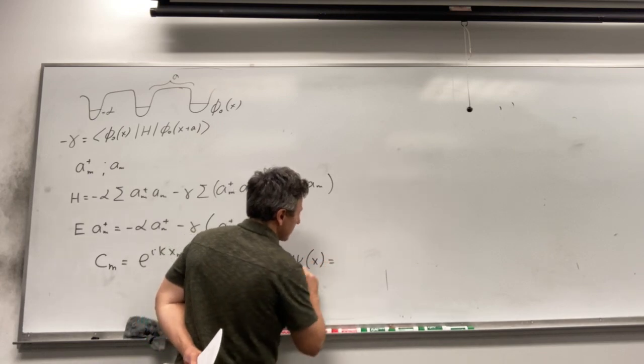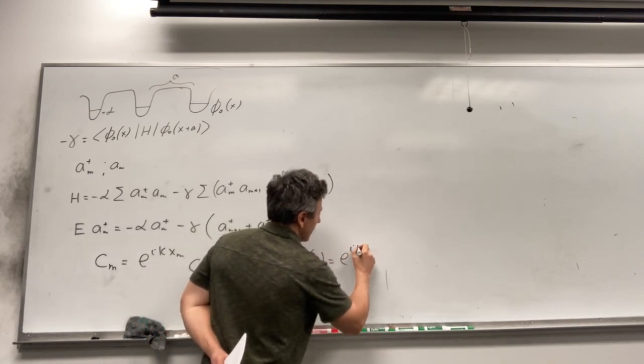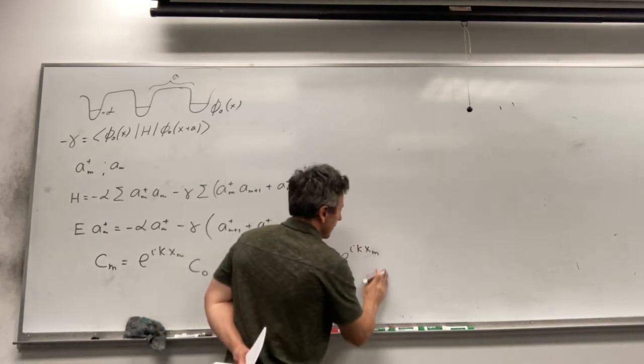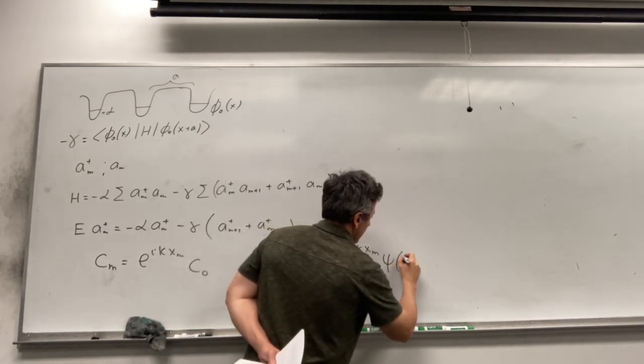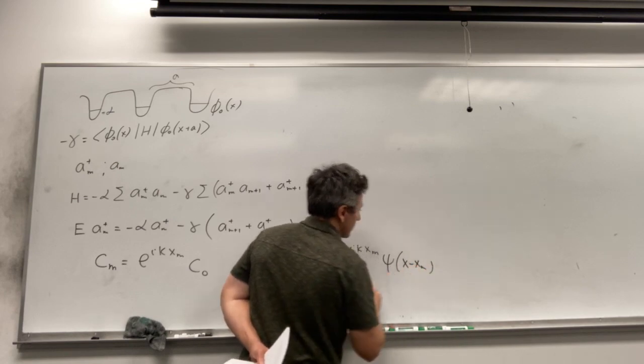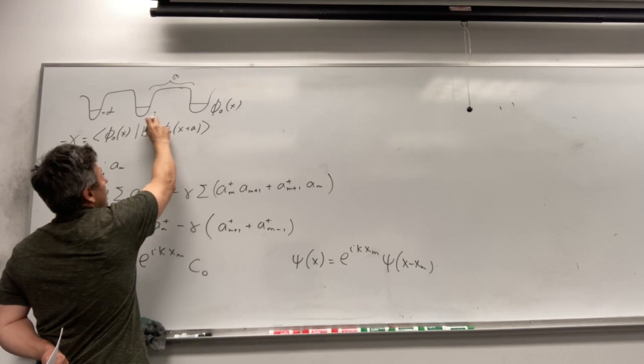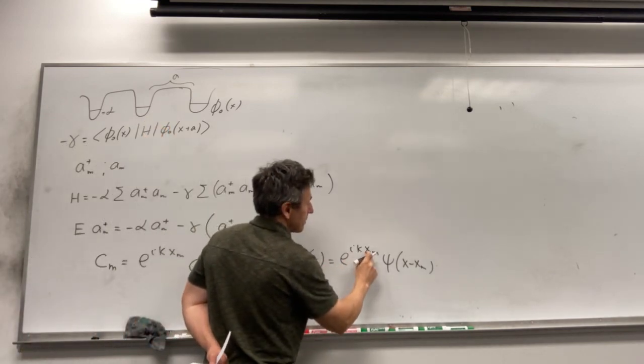C is a function of x, it will be exponent i k x_m times c of x minus x_m. And x_m is an atom localized at a given point, so x_m will be a times m.